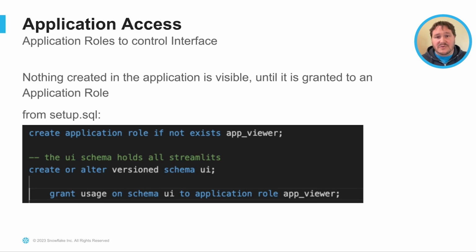And then you have to choose which of the things in your application you want to grant to these roles, and which privileges you want those roles to have. So in the case of the Chairlift app, there are actually two roles. And what I've shown here is one of those roles, and I've shown granting usage on the UI schema. And again, we'll show you what that looks like in the consumer's account in just a minute.